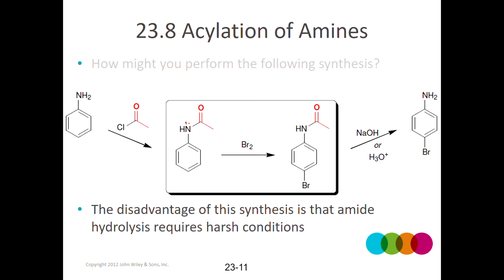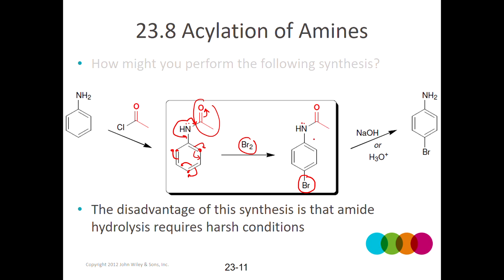Then the amide's lone pair is still involved in resonance, so it's still activating the ortho and para positions, but now there's more sterics blocking the ortho position somewhat, and the lone pair is also engaged in resonance up here, and so the degree to which it contributes to negative charges on the ortho and para carbons is less, and with less partial negative there, it won't be as likely to attack. So then when I add the bromine, I can get almost exclusive para substitution due to the sterics and lower reactivity of the lone pair.